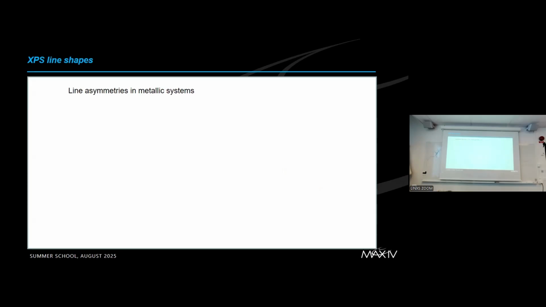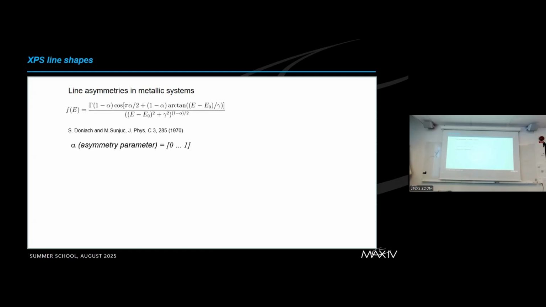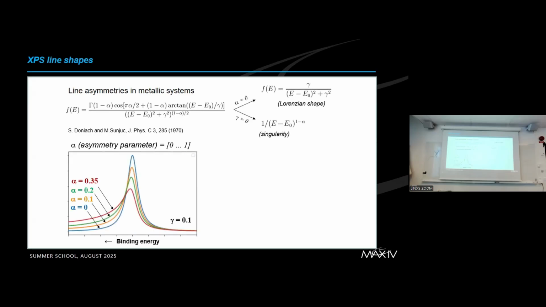Now, if we work with metal systems, in addition to that, we can see that the lines can get asymmetric shapes. The asymmetry can be described with this Doniach-Sunjic formula, where alpha is the asymmetry parameter. It's a parameter between 0 and 1. 0 is for a totally symmetric shape, and 1 for a very strongly asymmetric one. So this is how it looks for different asymmetry parameters.